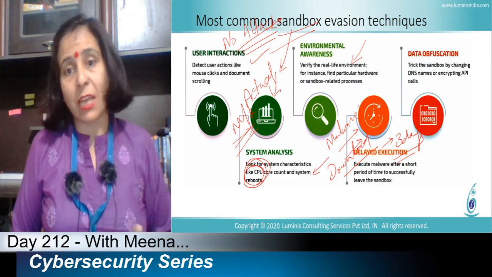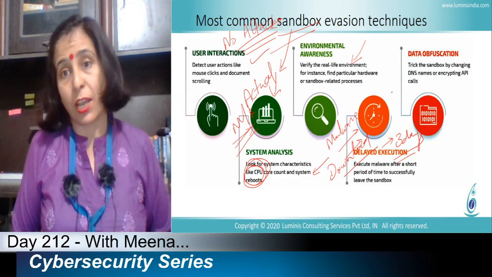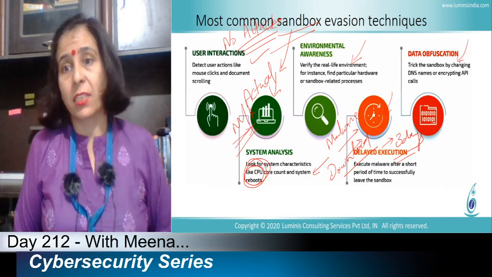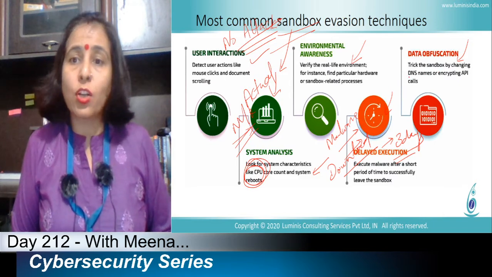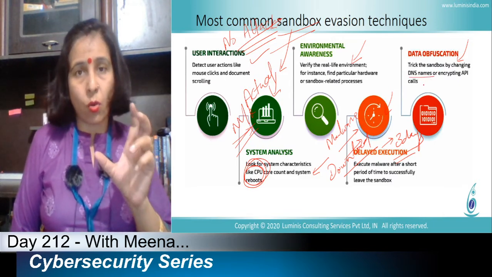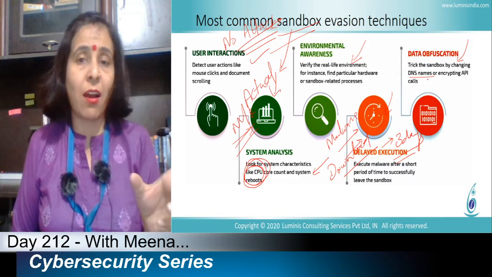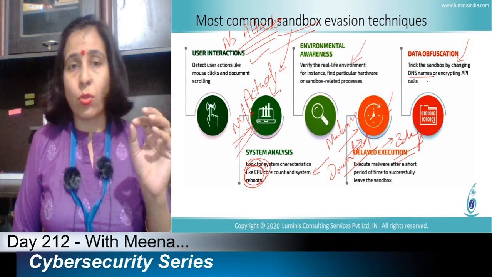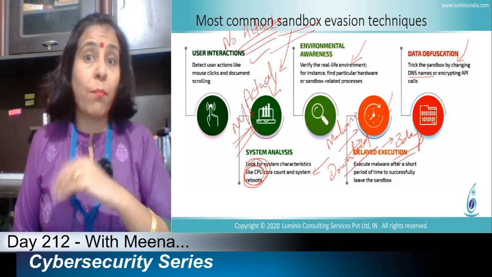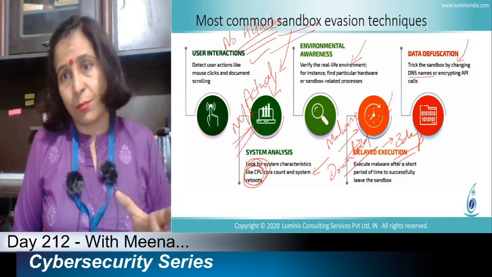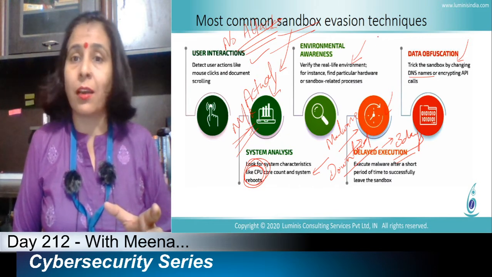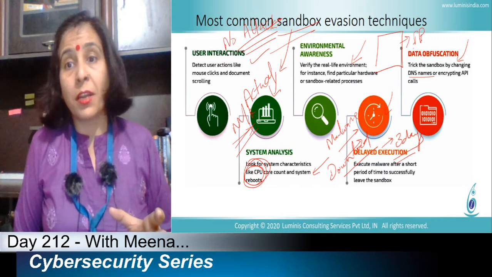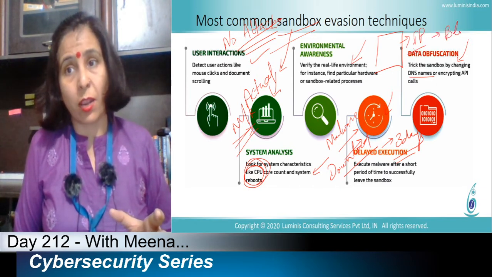They can also delay that execution, or they can use data obfuscation techniques. Whatever domain name they will contact, they can change the IP address of that name, and they can also pick out blacklisted domain names, because nowadays there are IPs or domain names that are blacklisted.